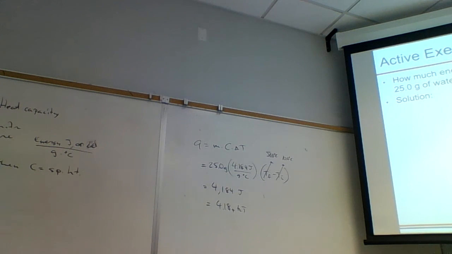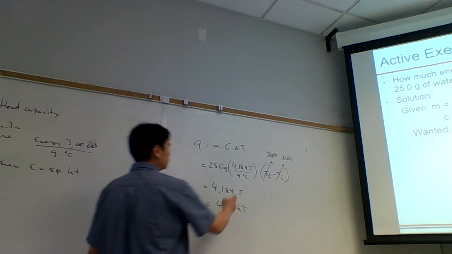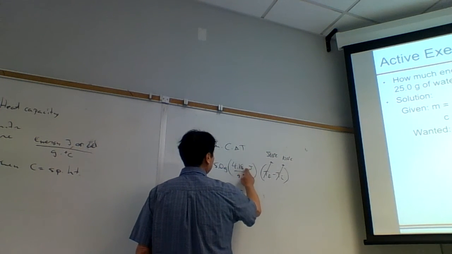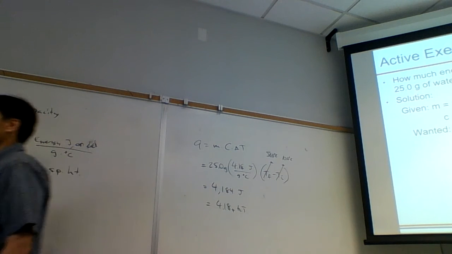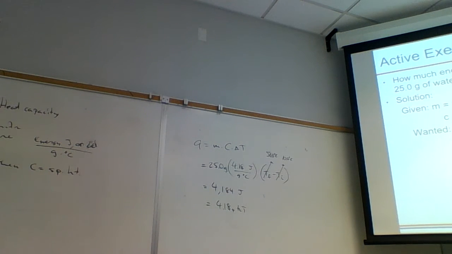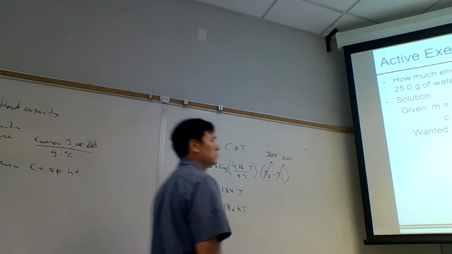Let's check the calculations there. Actually, I shouldn't go 4.18. Over a wider temperature range, it should just be 3 sig-figs. I'm overstepping if I'm going 4 sig-figs. So we got 4.18 kilojoules.